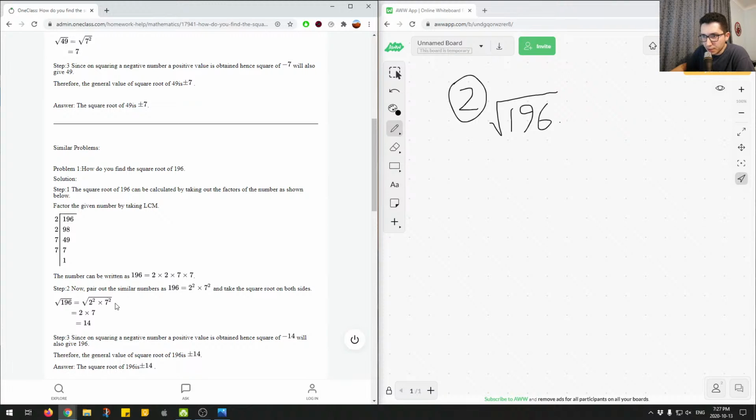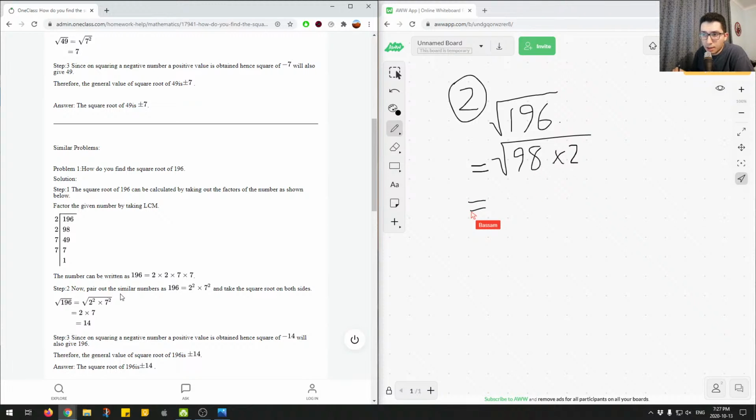If we divide 196 by 2, we get 98, so 196 is equal to 98 times 2. We can take this even further and divide 98 by 2 again.